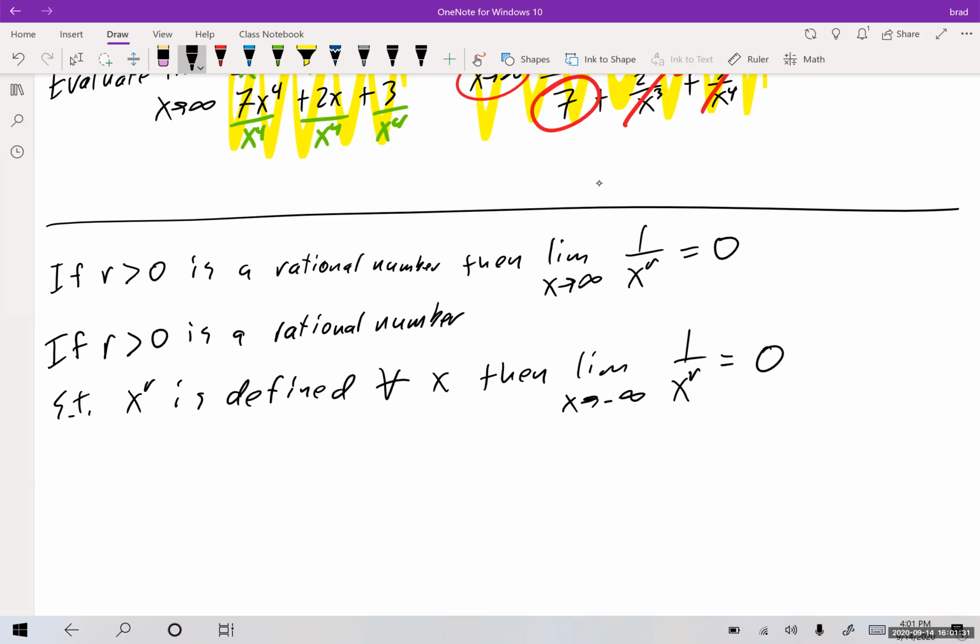So basically saying whether it's negative infinity or positive infinity, if it's a constant divided by an infinitely large positive or negative number, even if it's to a power, it's still going to become 0, okay?